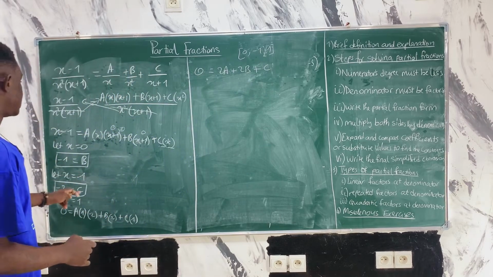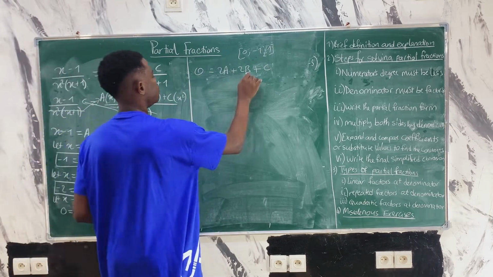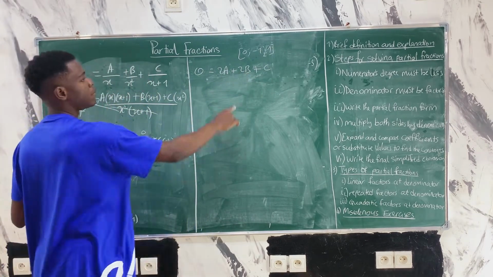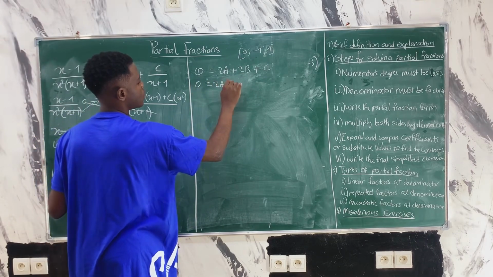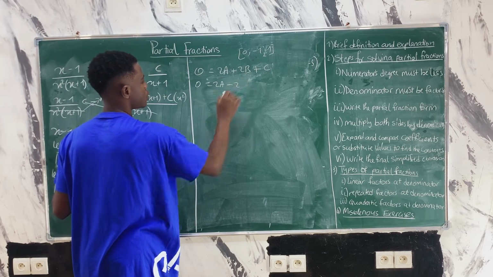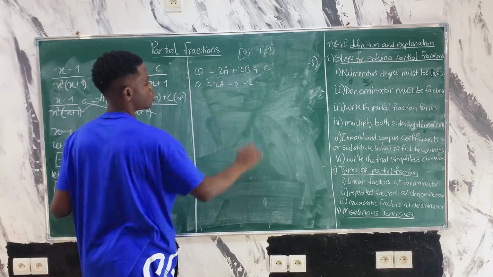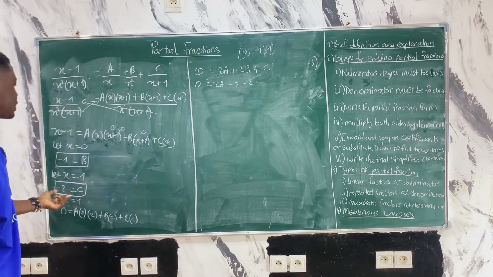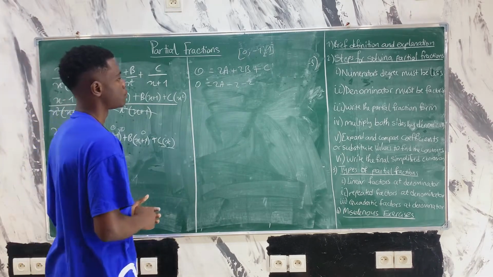I already have the values of b and c here. B is -1, so I can replace here by -1. I'll have 0 is equal to 2a minus, if I replace here, 2 times -1 is -2. And c is -2 also, so plus c is -2. I just replace my c by -2 directly.